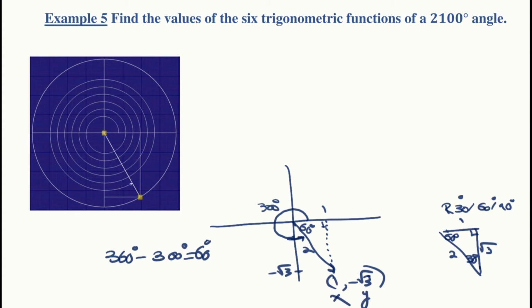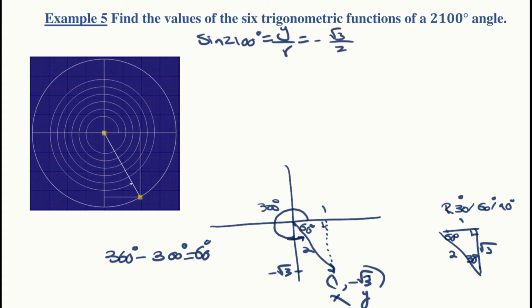Now we can go to work, right? See, very simple. It's really simple once you get the hang of it. All right, so the sine of 2100 degrees is going to be y over r, so it's going to be negative square root of 3 over 2. Looks very familiar to what we've done already, right?